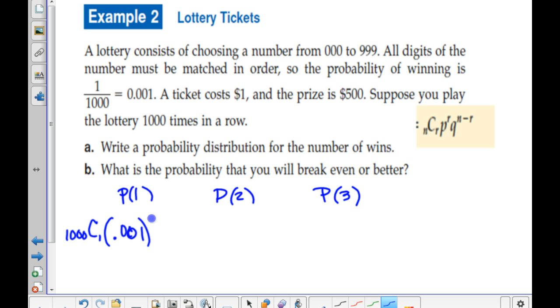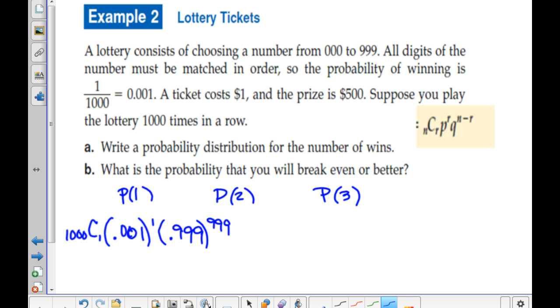We're going to have 1 win. I forgot to start with 0 wins. What's the chance of failure if our chance of success is 0.001? 0.999. And if we win once, we lose 999 times.